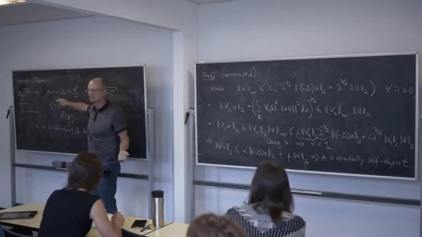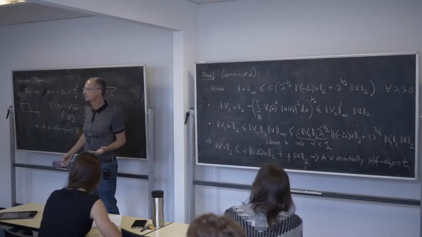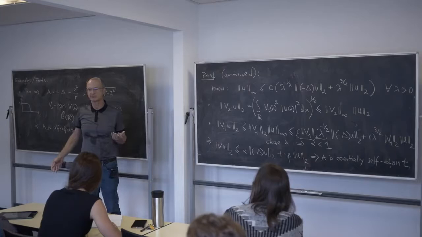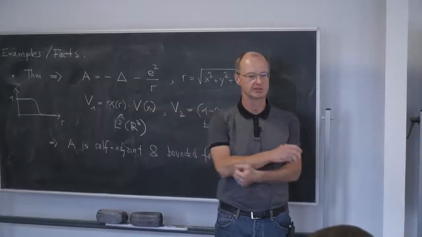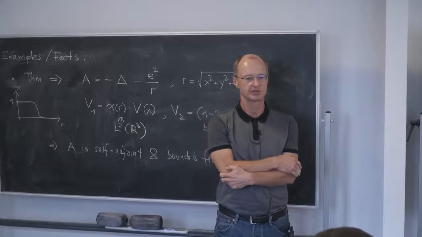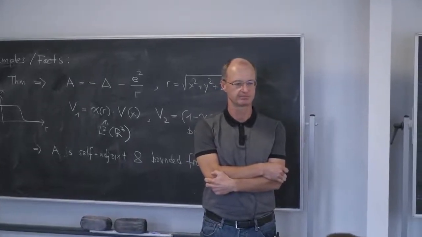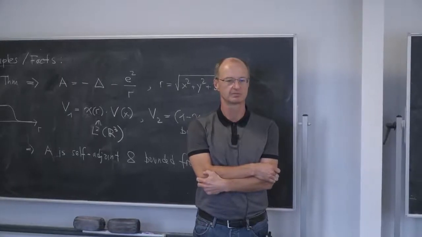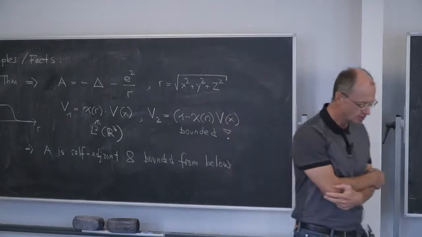Right? So that's a Hamiltonian of the hydrogen atom. So you people who already had physics, quantum mechanics, how do you prove that it's self-adjoint and bounded from below? We solved equations for eigenvalues and eigenvectors. Yeah, that's right.